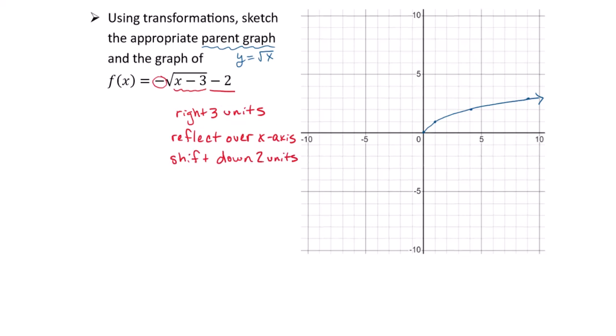So let's pick these points up and use those transformations one by one in order.